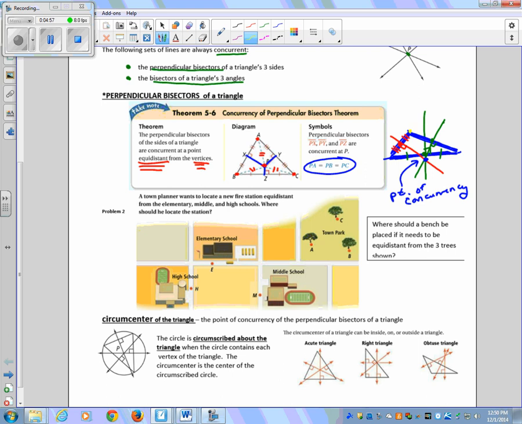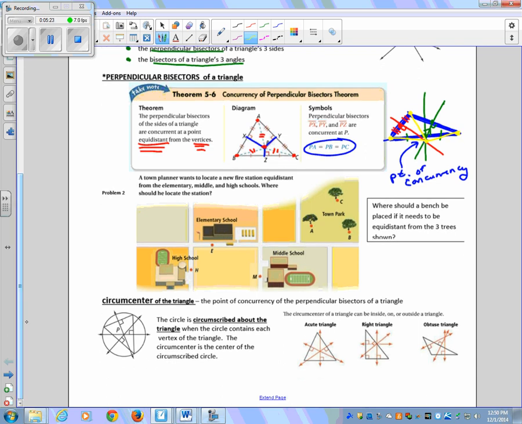So if you have point here, here, and here, those 3 points. Well, if I were going to stand at the point of concurrency and walk to this point, or walk to this point, or walk to this point, it would be exactly the same distance. And there's really only one point that satisfies that, and it's going to be where all the perpendicular bisectors come together. Okay, so that lends itself to these types of problems.